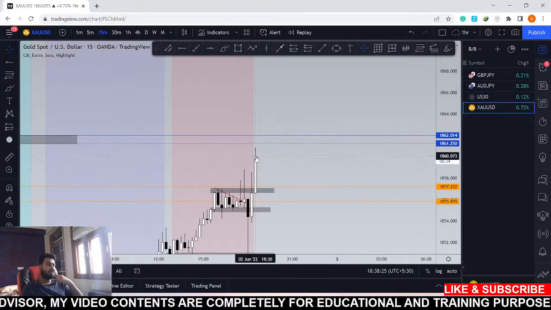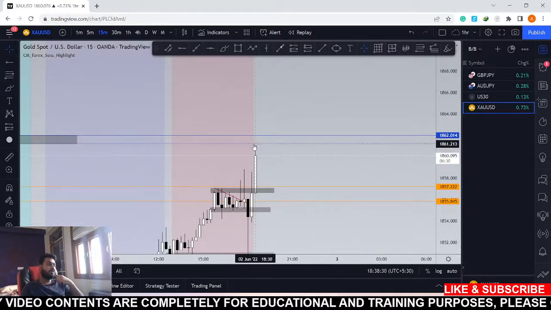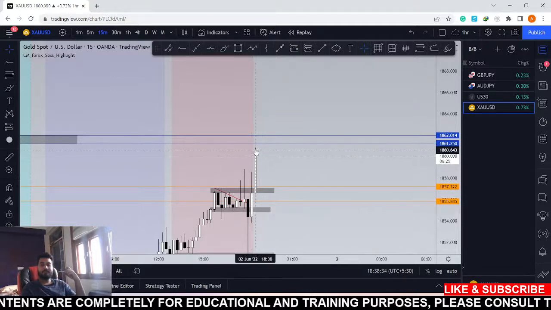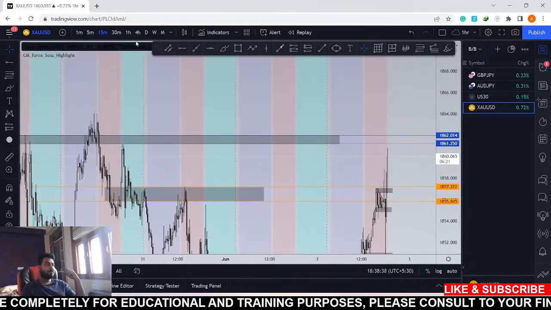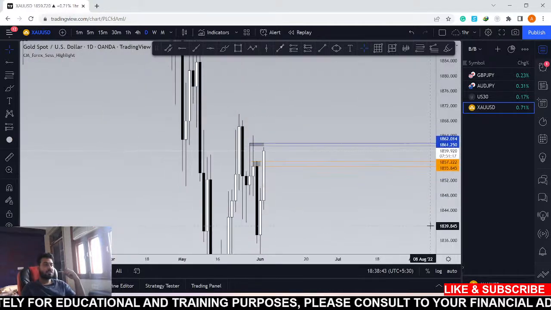Look at this. I was expecting the market to touch this zone, and the market will touch this zone. Next zone will be somewhere at around, let's check.